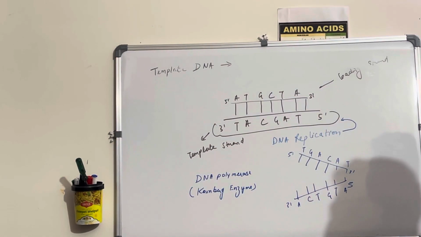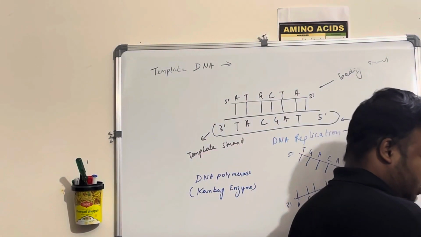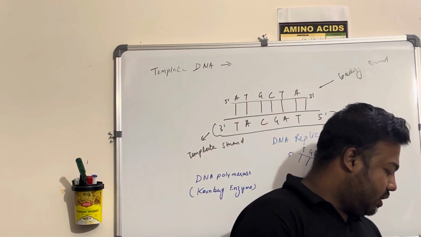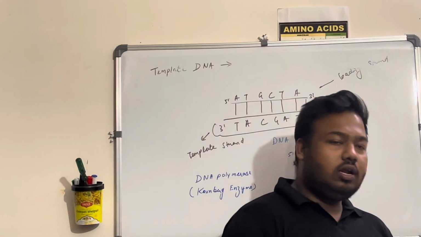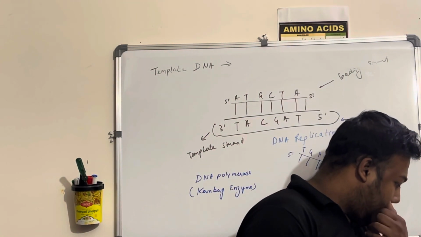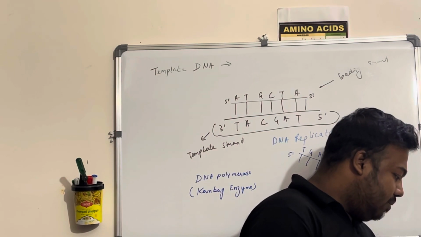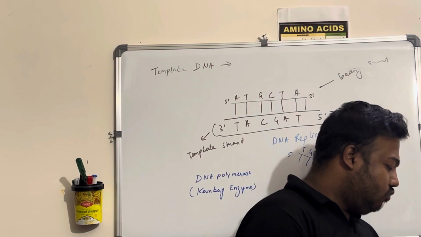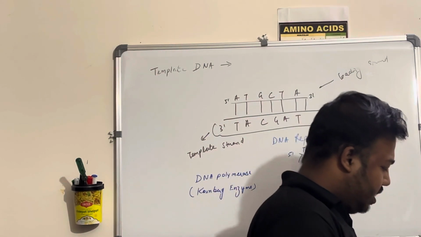So according to this you can understand that DNA has been coded for a particular strand and has the enzyme called DNA polymerase, whose activity is both 3' to 5' and 5' to 3'.